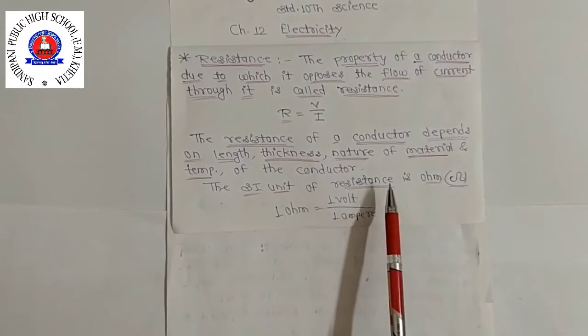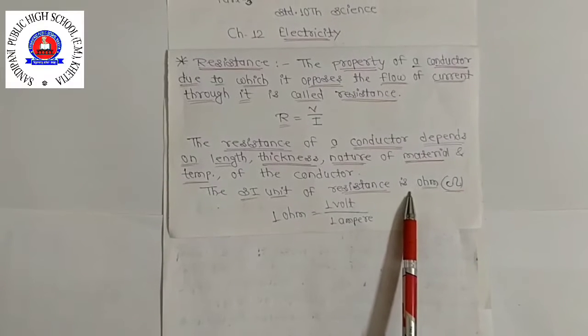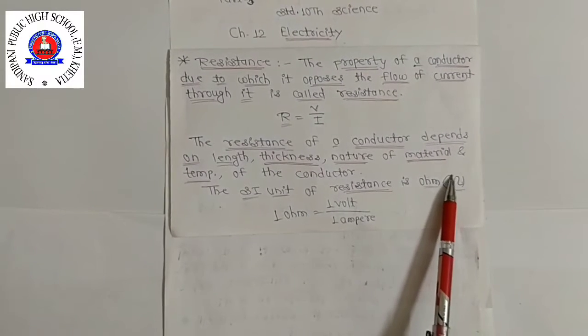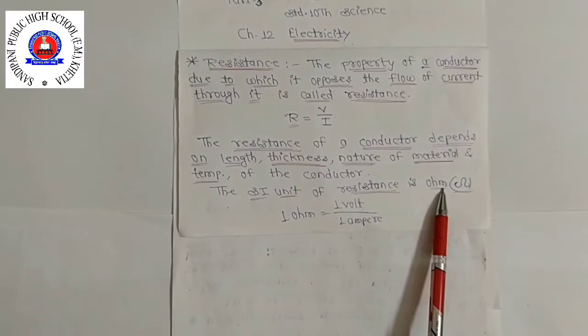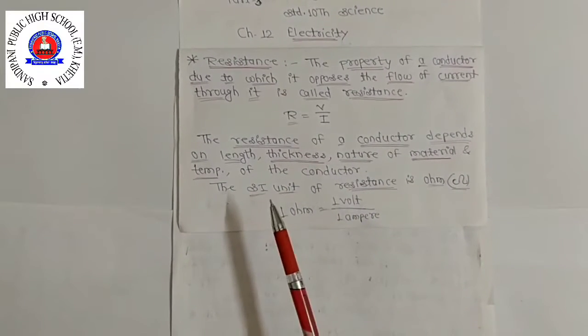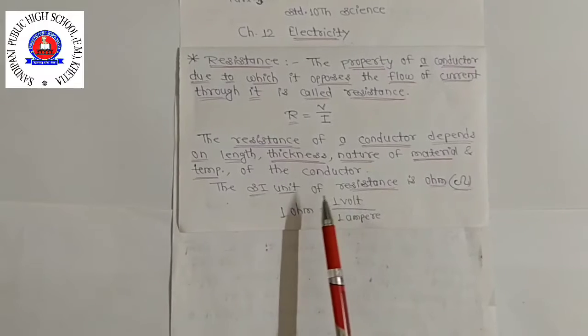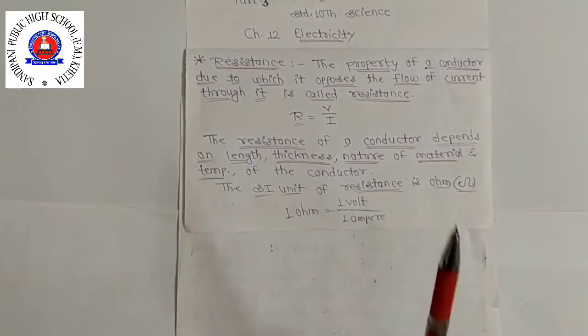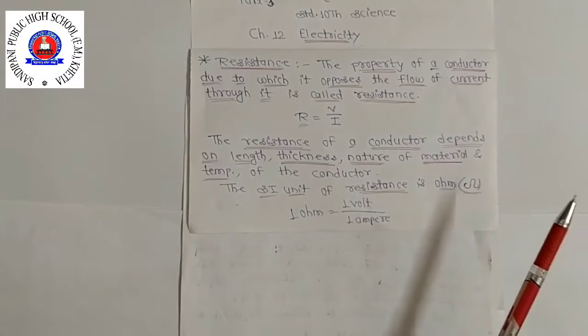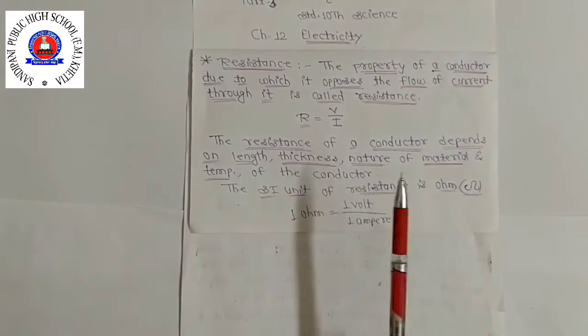Clear? The SI unit of resistance is ohm, which is denoted by the symbol omega. The unit of resistance, ohm, can be defined using Ohm's law as described below. According to Ohm's law, potential difference upon current is equal to resistance, which is a constant.